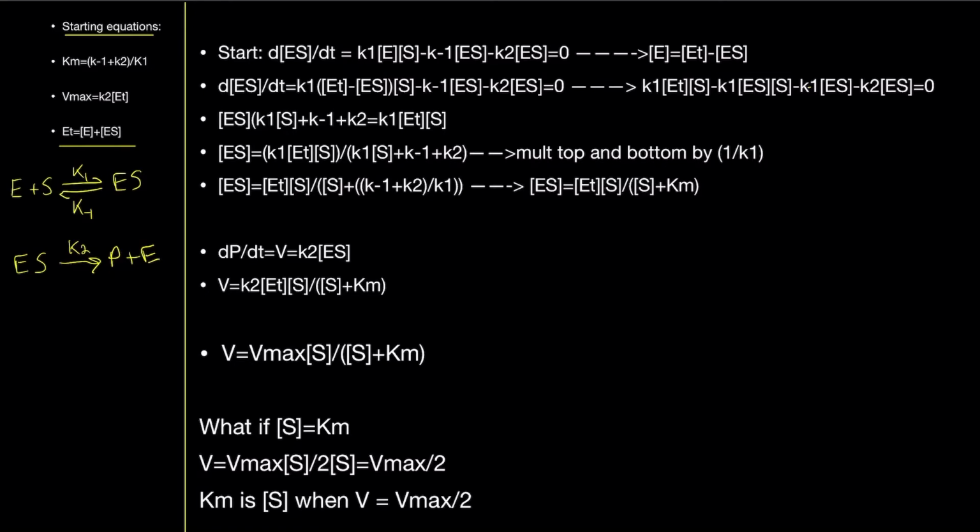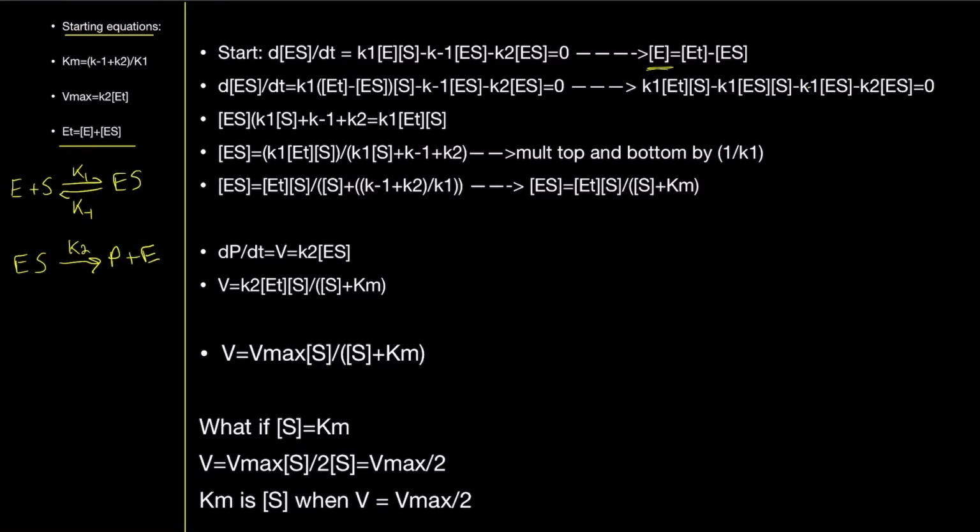Plugging that E term into this first equation, we now have the instantaneous rate of enzyme substrate complex over time is equal to K1 times the total enzyme concentration minus enzyme substrate concentration times substrate concentration, minus K negative 1 times the enzyme substrate complex concentration, minus K2 times the enzyme substrate complex concentration, is equal to 0.